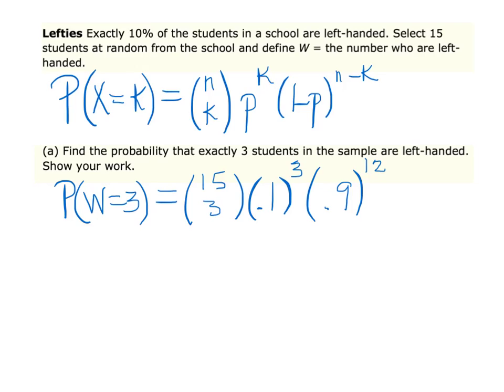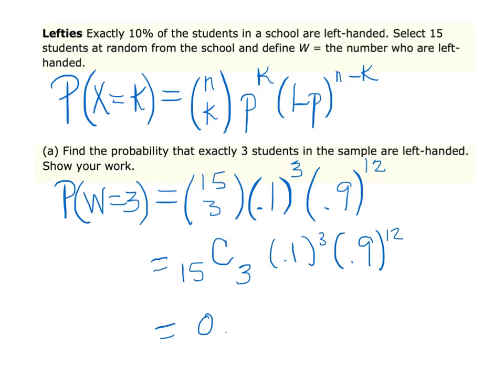If you work through this on your calculator, this is 15C3 times 0.1 to the third times 0.9 to the 12th. And when you multiply all that together, you should get 0.1285. So that means that there is about a 12.85% chance that exactly 3 students in the sample are left-handed.